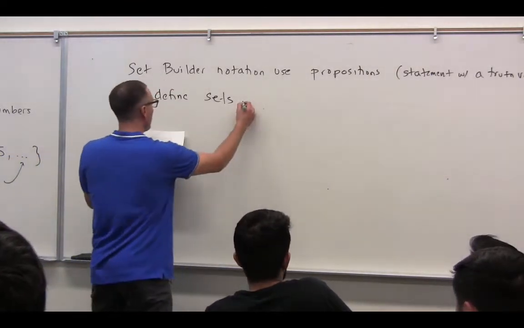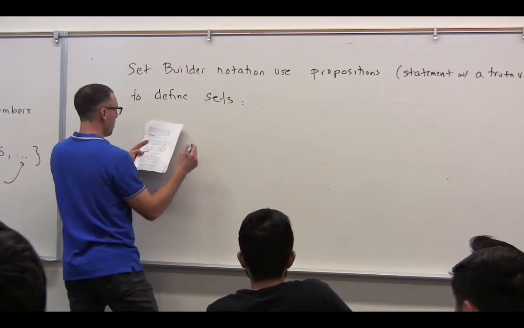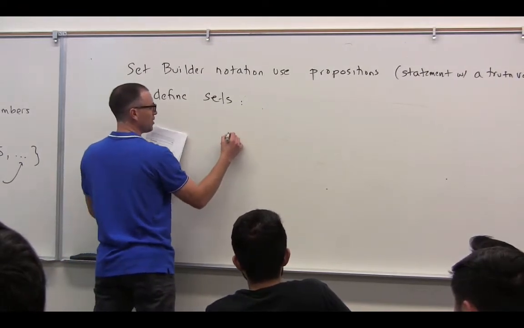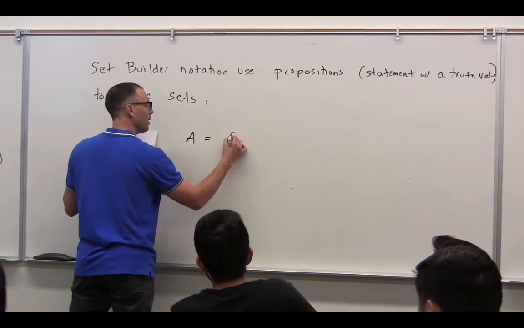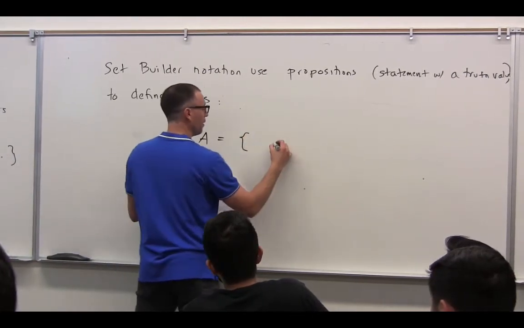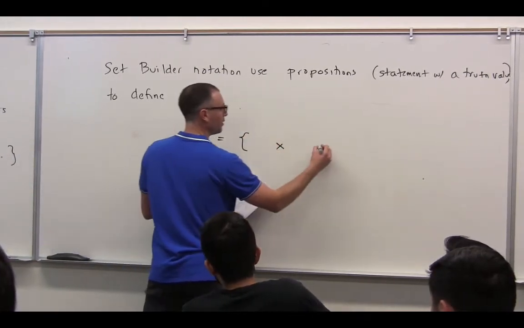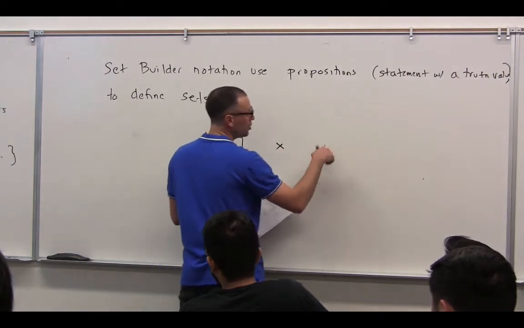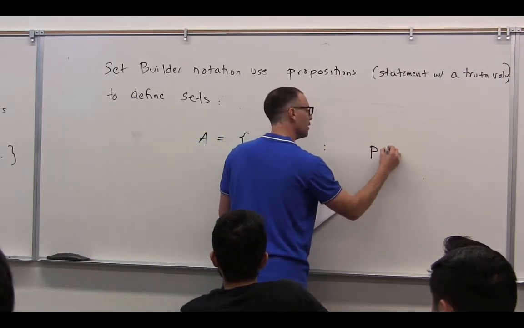Okay. So in set builder notation, let's say it's called set A. We're going to write this in a very special way. Left bracket, x, and I like to use a little dot, I'll talk about that in a second.